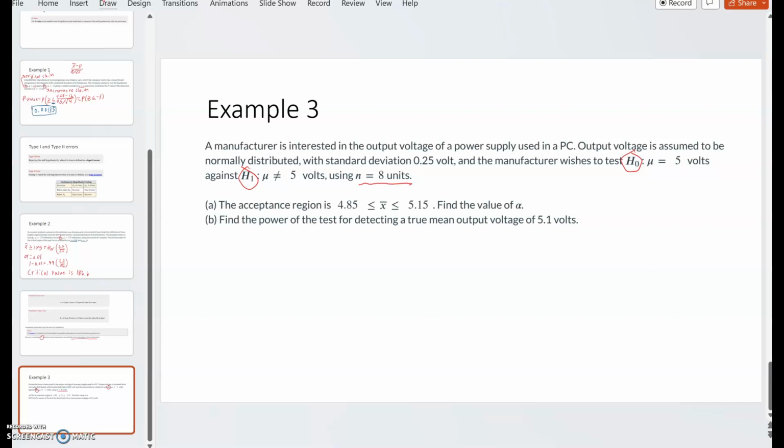And we want to find the acceptance region, 4.85 less than or equal to the sample mean less than or equal to 5.15. And we want to find the value of alpha.